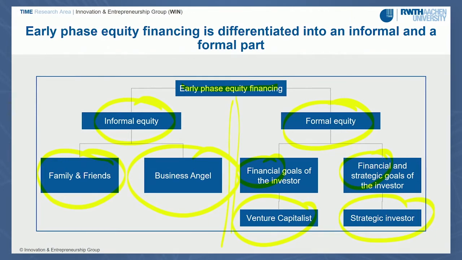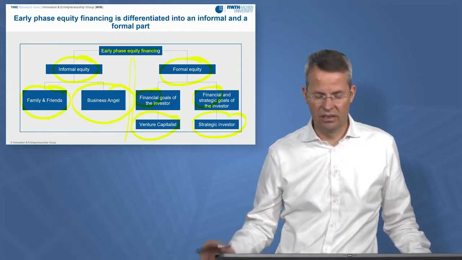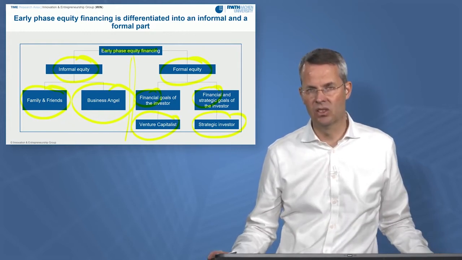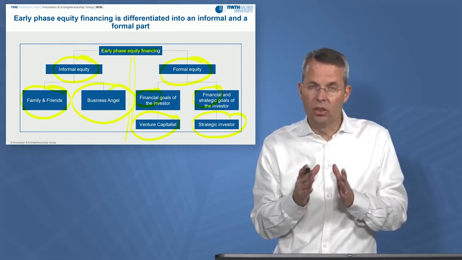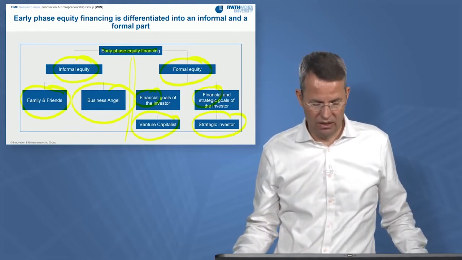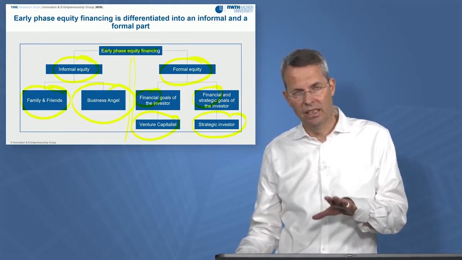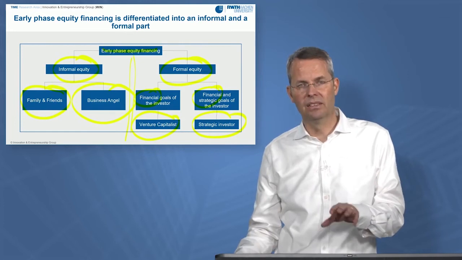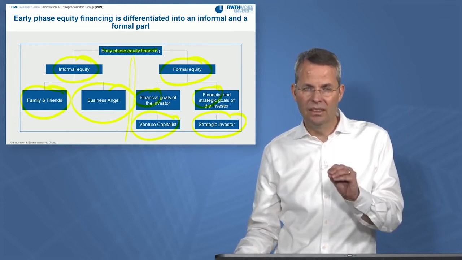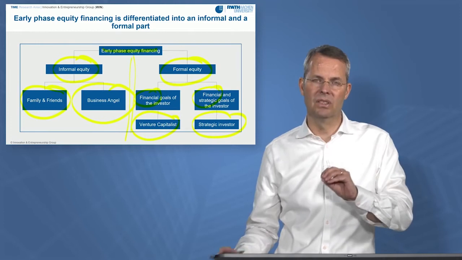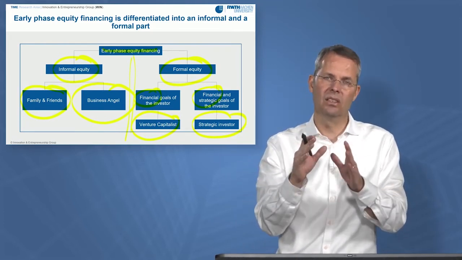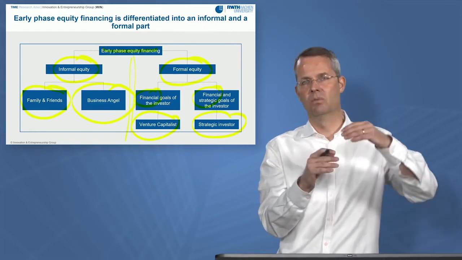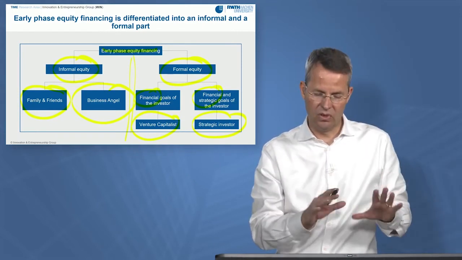The typical VC is Kleiner Perkins in the US, and the typical strategic investors are all the big corporates who have corporate venture capital activities. The main reason why it is called formal is that it is a fund investing into startups and investors investing into that fund, and that also has consequences on the relationship between the investors and the entrepreneurs.